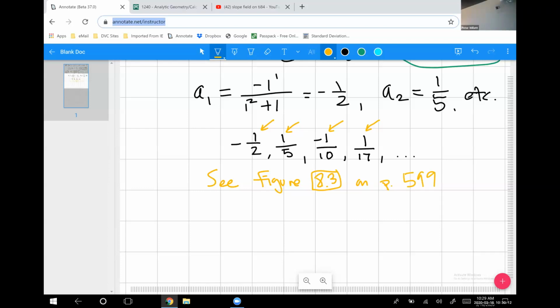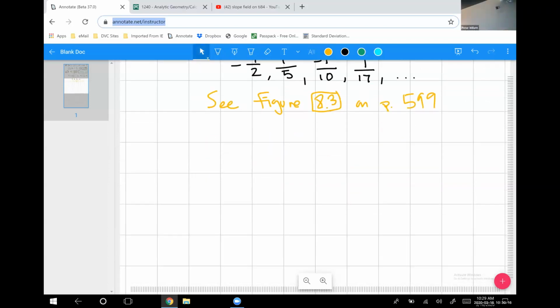I'll try to draw just a little brief sketch of it, but I'm referring to it because I just don't think it's going to come out very good in this format. It comes out bad enough in class. So they're basically saying that you should think about this graphically.